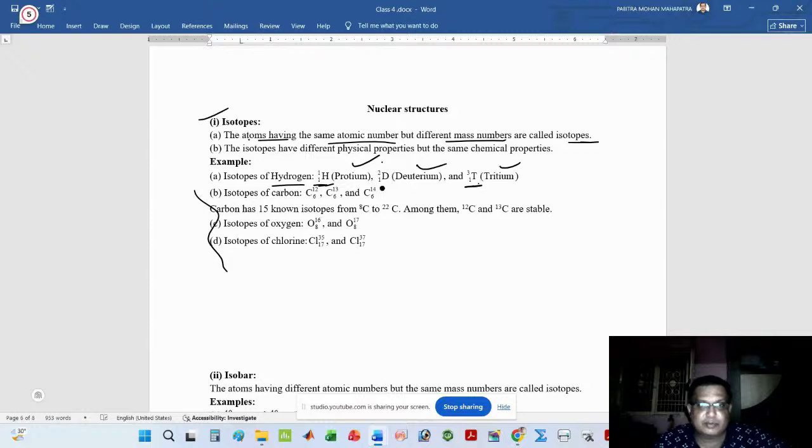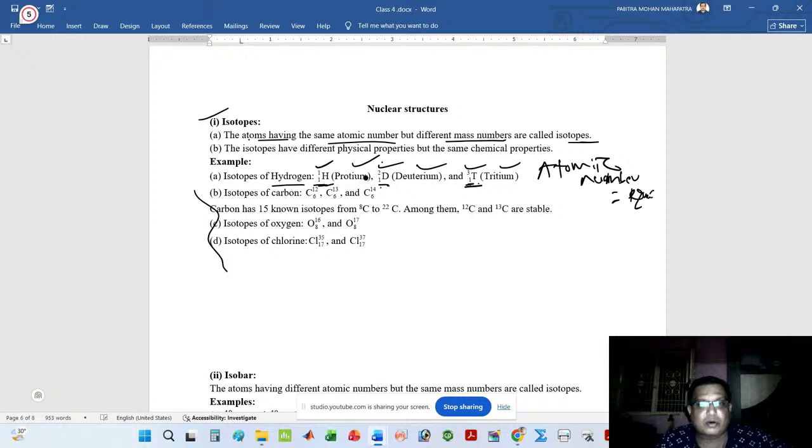Look at that. This is the atomic number, and one is present here, here, and here. So the atomic number is one in all cases, equal. But if we think about the mass number, for hydrogen one is given, here 2 is given, here 3 is given.